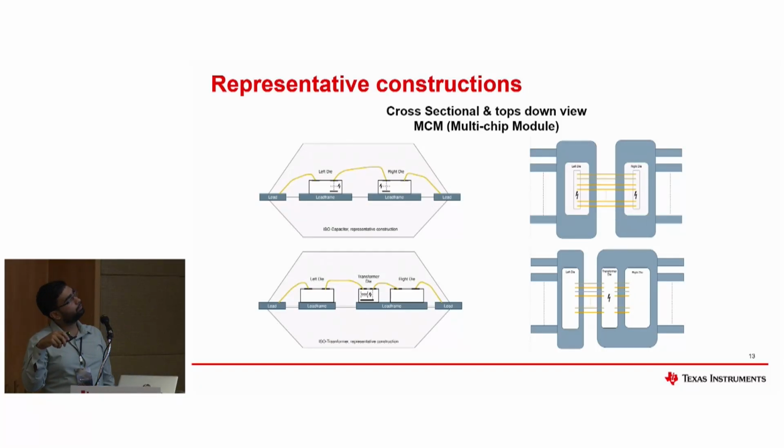So the capacitive-based isolation tech, if you see, this used to be a 2-die MCM. When I say MCM, it is a multi-chip module. None of the isolation devices is ever going to be a single chip module. It's always going to be a double chip minimum.